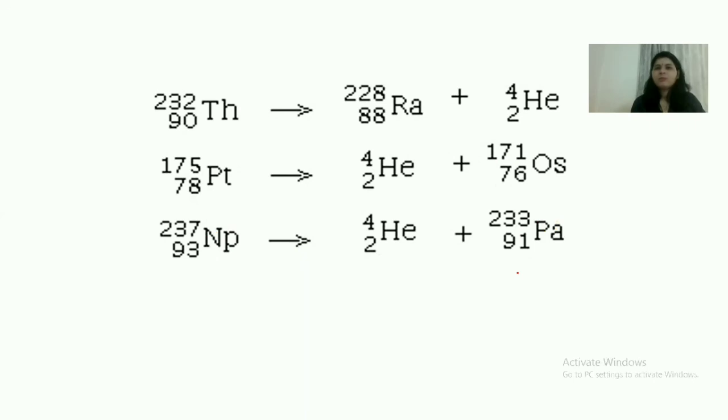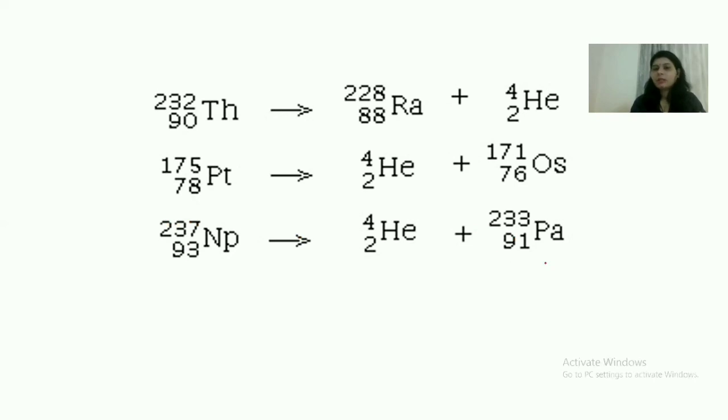Very simple. In alpha decay, the atomic number decreases by 2 and the mass number decreases by 4, and after that conversion we find a new element.